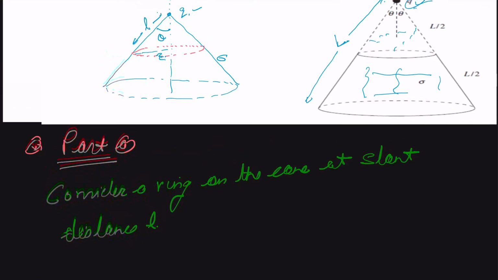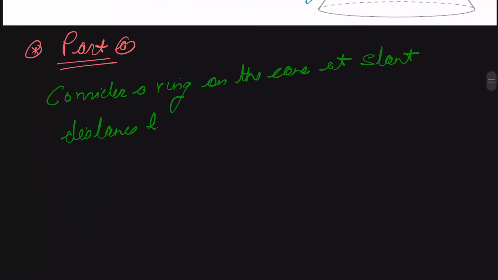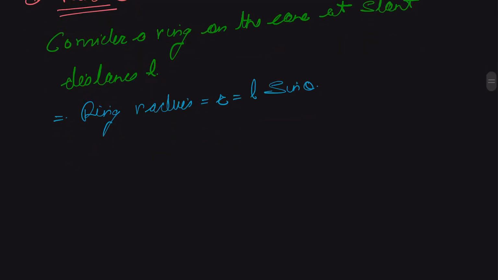So it means we can now write the formula for the ring radius. Therefore we can say that our ring radius, that is R, will be equal to L sine of theta, and we can easily find out the ring area.